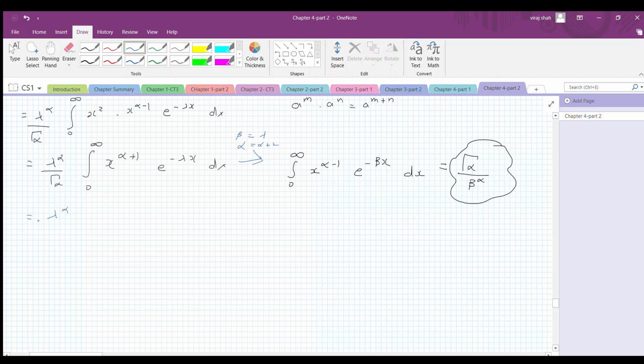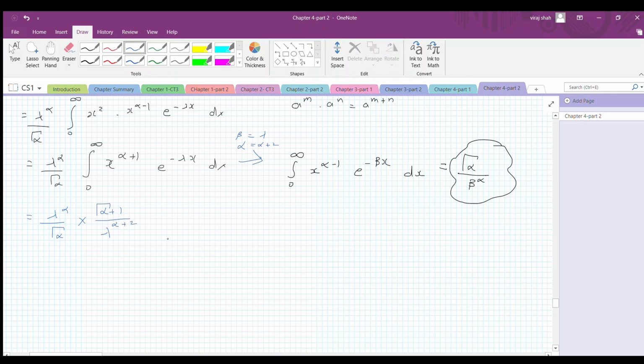Lambda raised to alpha upon gamma of alpha into, I can now write this in this format. So how do I write this? Gamma of alpha, what is alpha? Alpha is nothing but alpha plus 2. Beta raised to alpha, so beta is nothing but lambda. So lambda raised to alpha, what is alpha? Alpha is nothing but alpha plus 2. Okay, I wrote this.